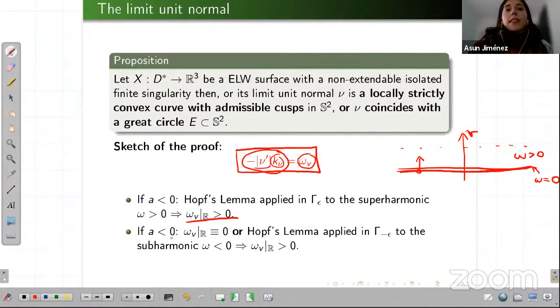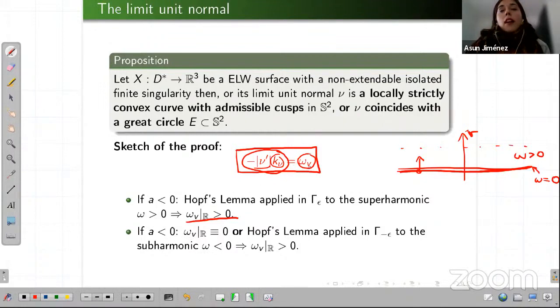And when A is negative, now the inequalities here of omega and the Laplacian of omega point in the wrong direction. I mean, omega is positive, but it is a subharmonic function. In that case, you have two options.